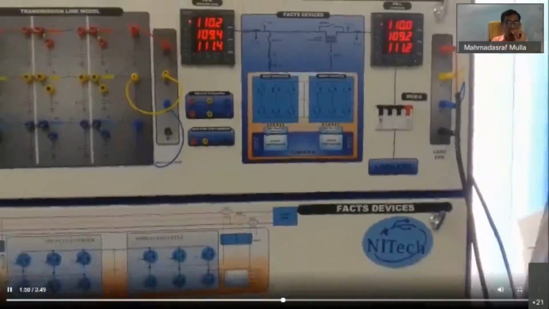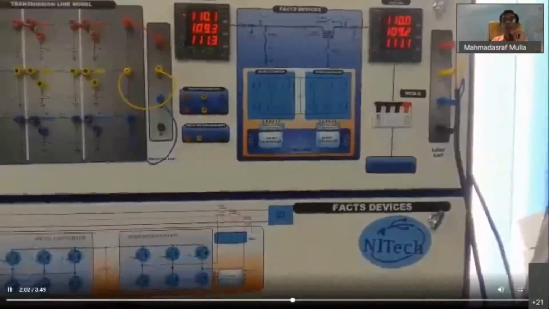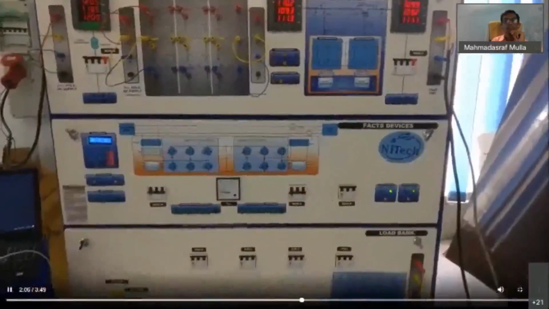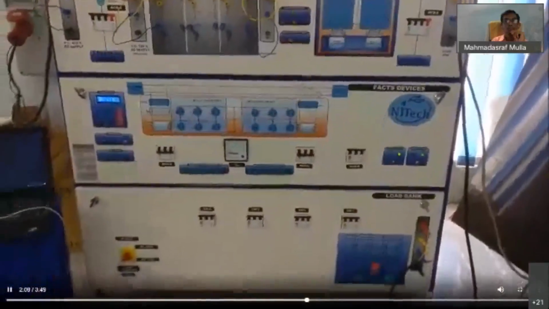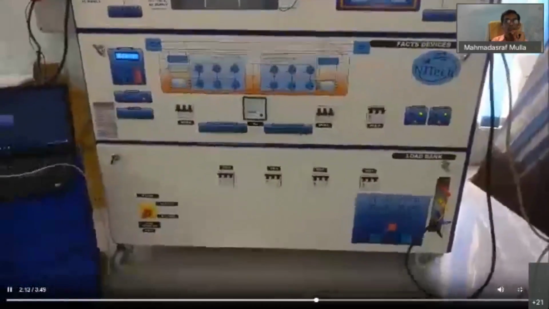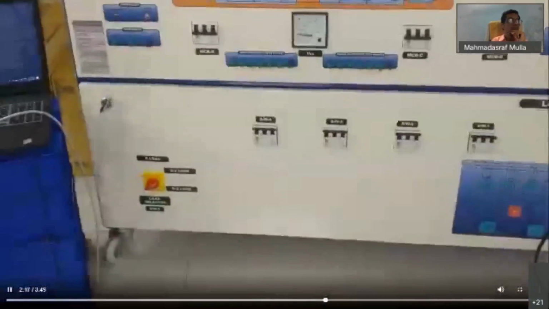In case of RL load, the voltage is dropping. In case of capacitive load, the voltage will be increased. So in the same condition, with the same quantity of load, we will just change over to RC load using the same switch.